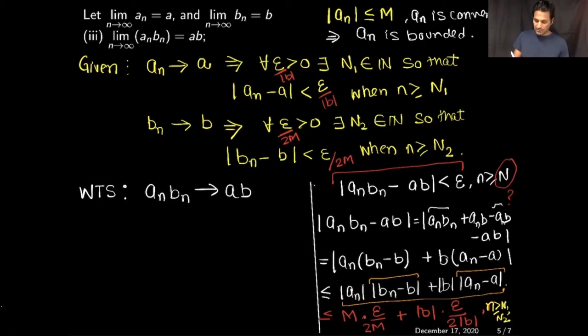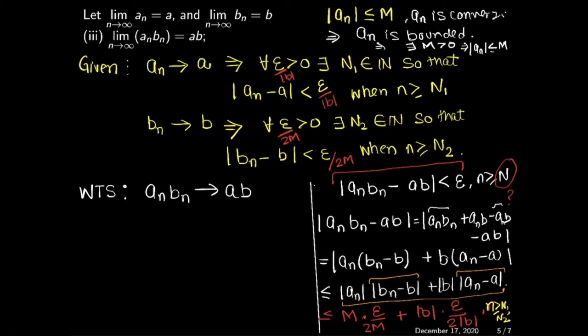If the sequence is bounded, it implies there exists a positive real number m such that the absolute value of an is less than or equal to m for all values of n.